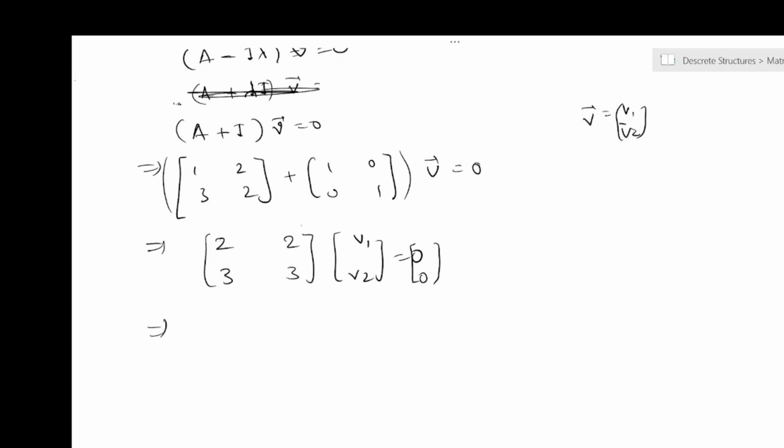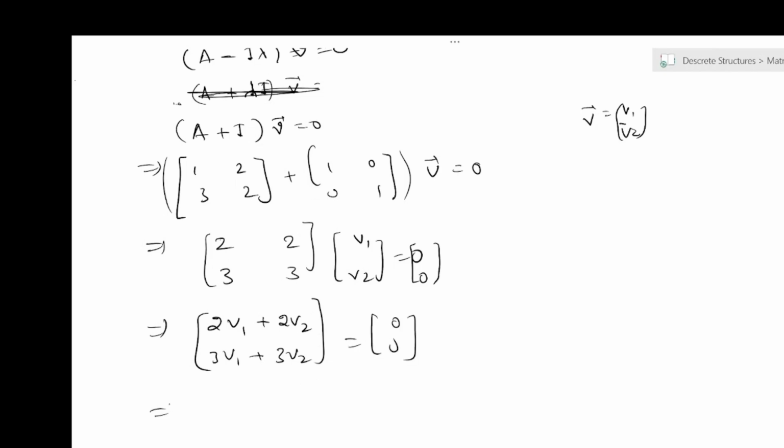Now you just multiply: 2 v1 plus 2 v2, and 3 v1 plus 3 v2, equal to 0 and 0. This implies 2 v1 plus 2 v2 is equal to 0, and 3 v1 plus 3 v2 is equal to 0. Therefore v1 plus v2 is equal to 0, and again v1 plus v2 is equal to 0.